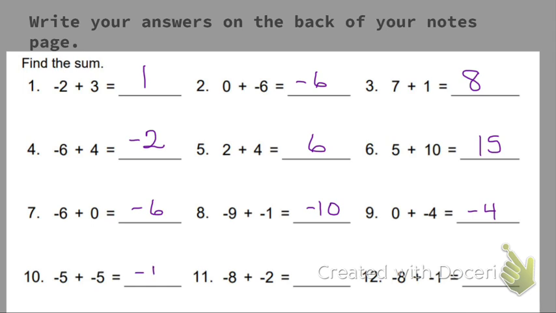I lost $5, I lost another $5, I've lost $10, negative 10. Same signs, so you want to ask yourself, are they the same or different? They're the same signs. And I add them and keep the sign.